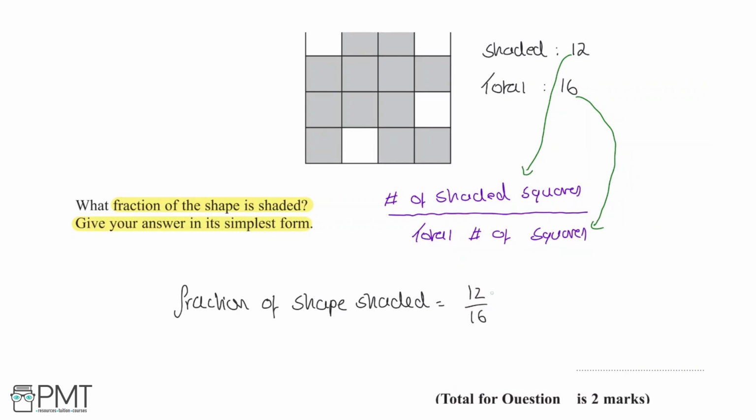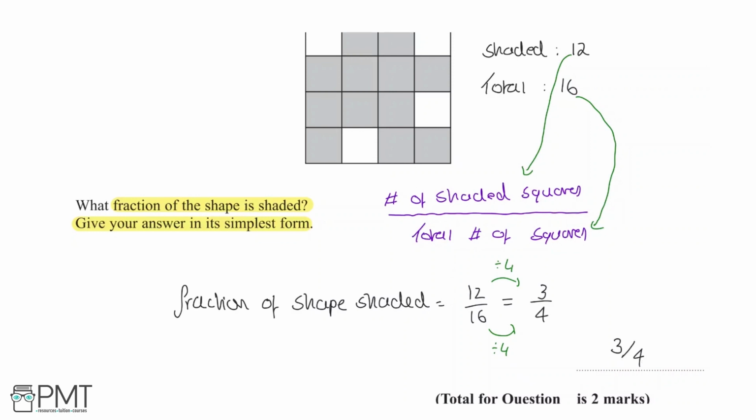So what we need to do is simplify this. We have a common factor of 4 between 12 and 16. So I'm going to divide the numerator and denominator by 4. So we're going to do divide by 4 and divide by 4. 12 divided by 4 is 3. 16 divided by 4 is 4. 3 over 4 can't be simplified any further, so the final answer is going to be 3 over 4.